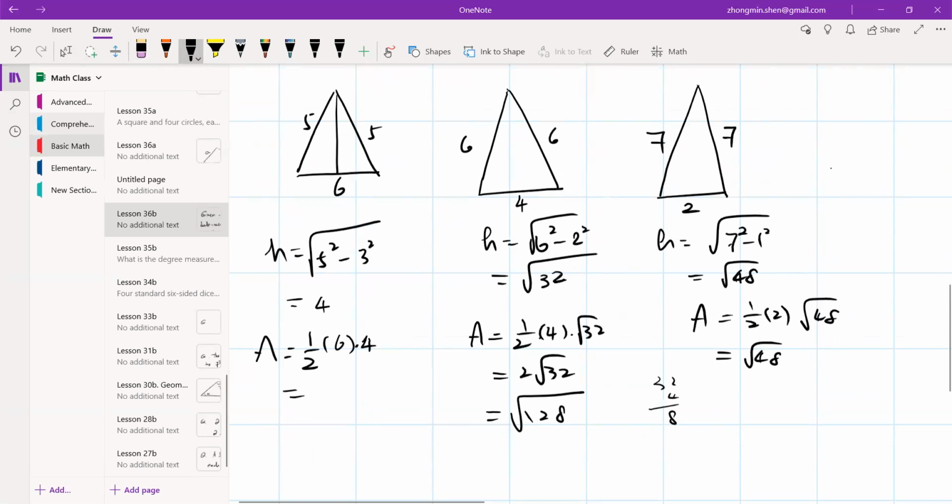That would be 12, right? The base is 6, 6 times height divided by 2. So it's 12, and 12 squared is 144. Got it? I think now it's the one on the left-hand side that has the largest possible area. Okay, there are 3 different ones, so be careful. Now everything's correct.